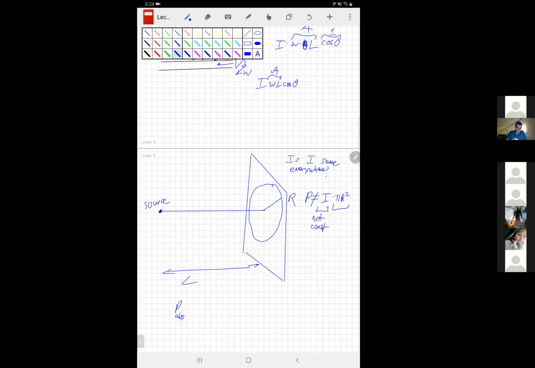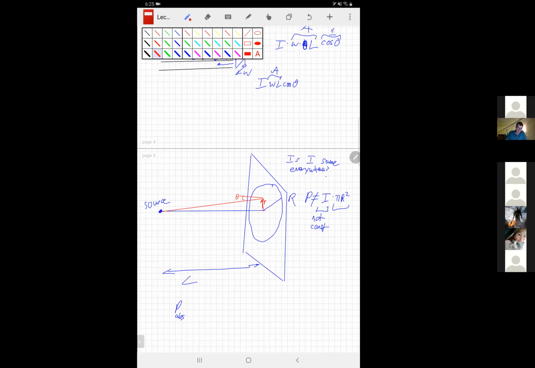For that matter, is cosine theta the same everywhere? Definitely not. The direction out of the surface is the same. It's always to the left, but here's theta, and here is r, the distance in polar coordinates.